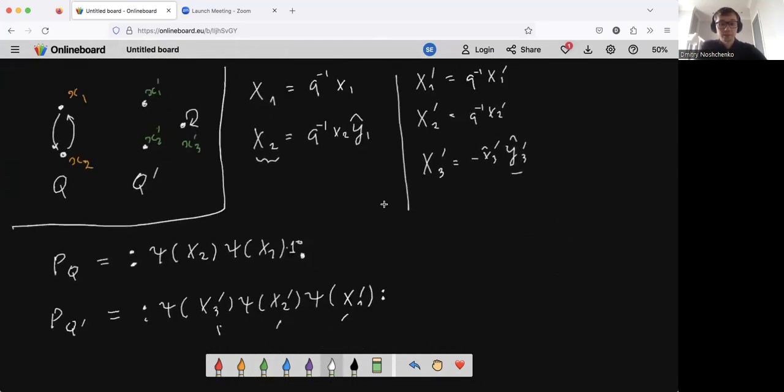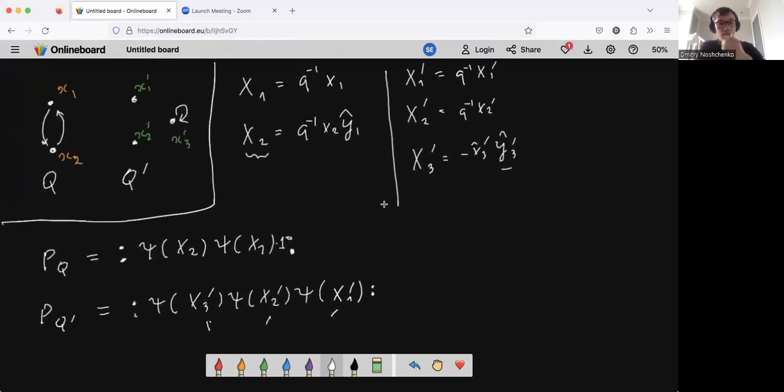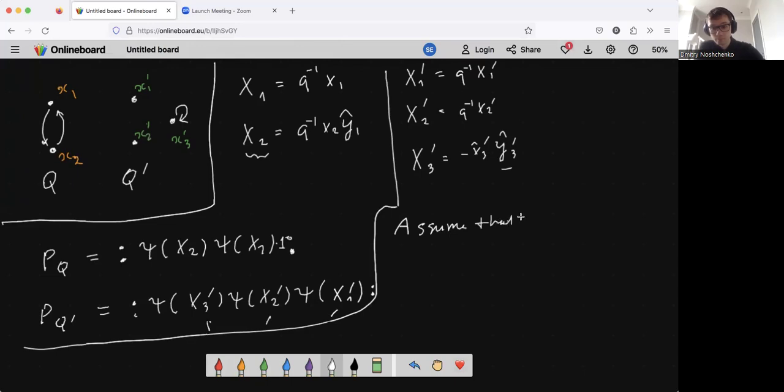And so in order now to see the relation with the pentagon identity, one has to do some substitution. One cannot simply say that this is what we want unless we make an assumption. The assumption is as follows. We have some identification: x1 prime equals x1, then x2 prime equals x2 as well.